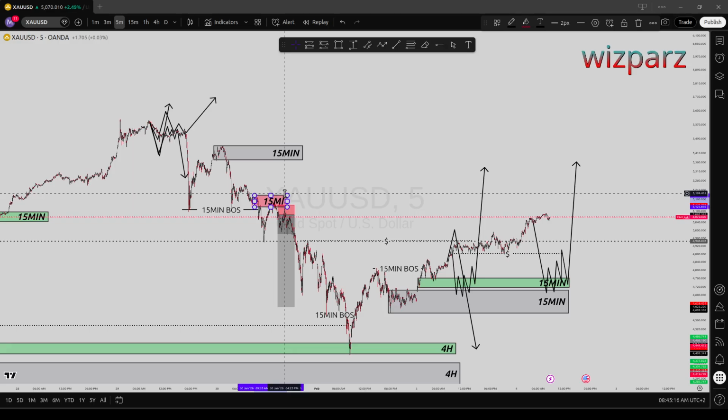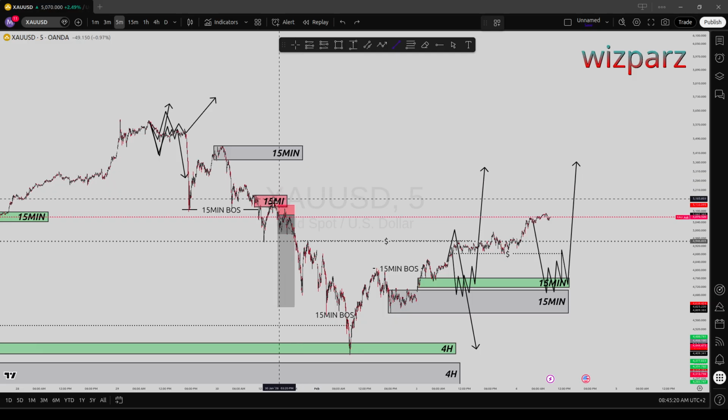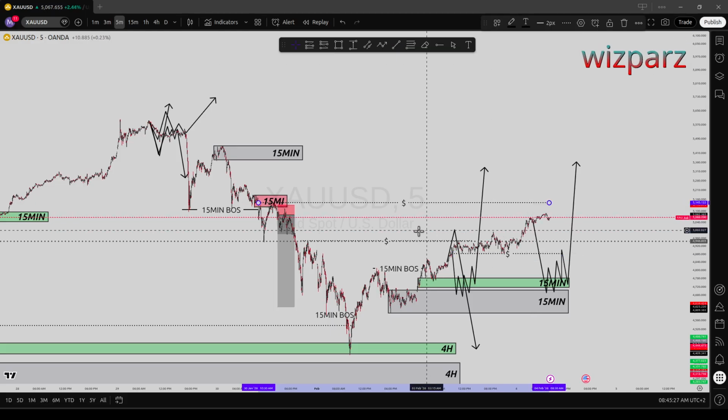We can expect price to make a pullback after liquidating this liquidity. Here price has liquidated this liquidity, but nothing happened, no change of character to the downside.